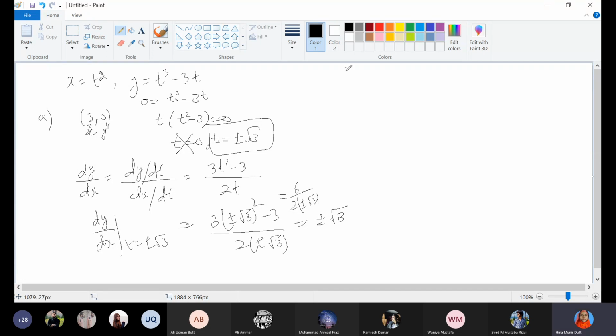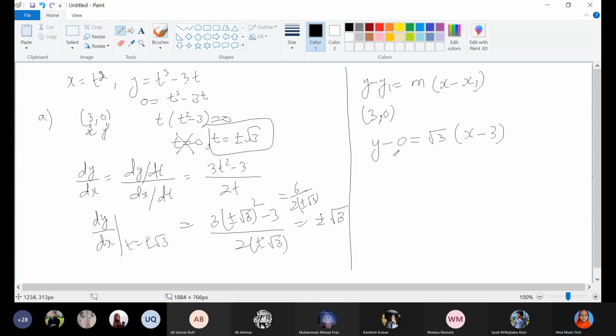So what are the equations of the tangent? y minus y1 is equal to m times x minus x1. So at the point 3, 0, the equation of the tangent line with slope plus minus under root 3 is y minus 0 is equal to under root 3 times x minus 3, or y is equal to under root 3 times x minus 3, and the other one is y is equal to minus under root 3 times x minus 3.